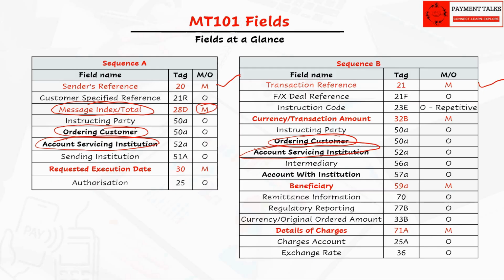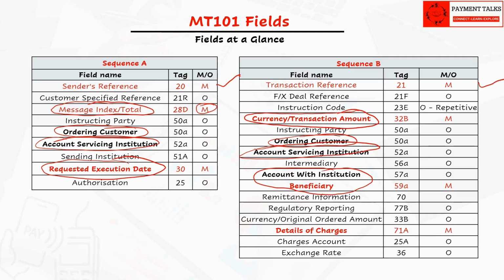Next is value date, which is present only at message level, meaning all transactions in one MT101 execute on the same day. Next are currency and transaction amount at transaction level, which vary for each transaction. Then account with institution and beneficiary, which are nothing but creditor agent and creditor at each transaction level.